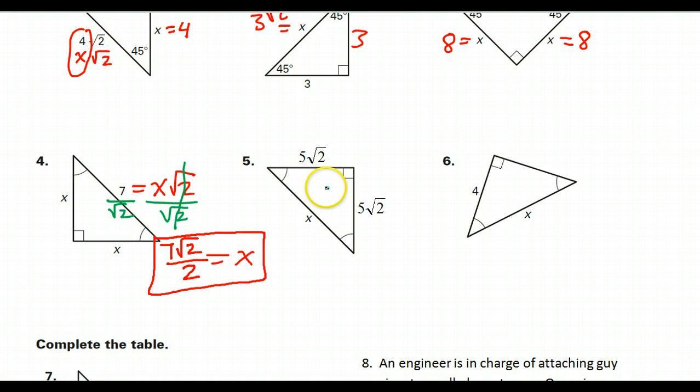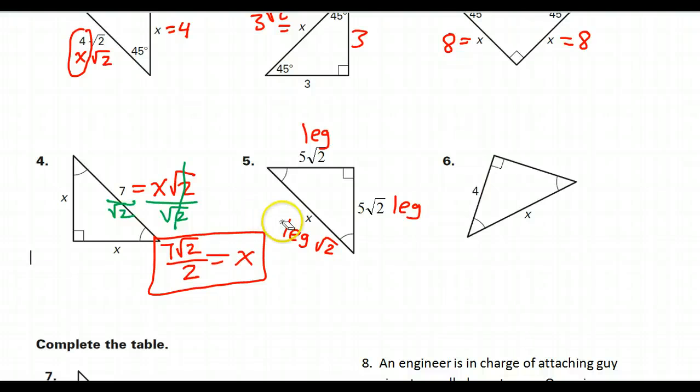Okay, what about number 5? Alright, these are the legs. So whatever this is, this is leg, and this is supposed to be leg radical 2, right? Now watch this.